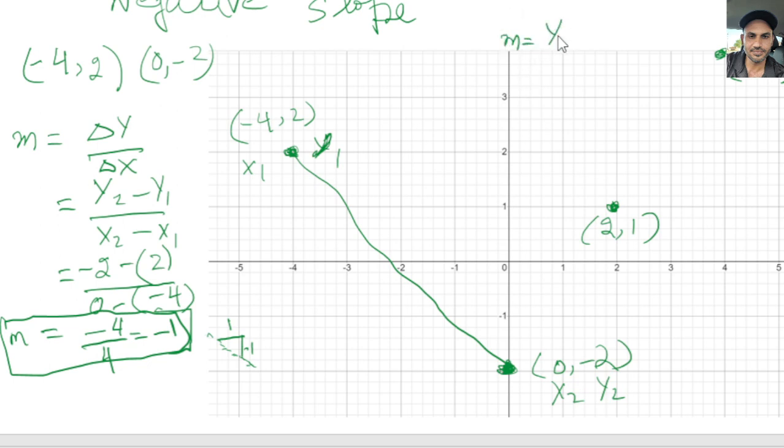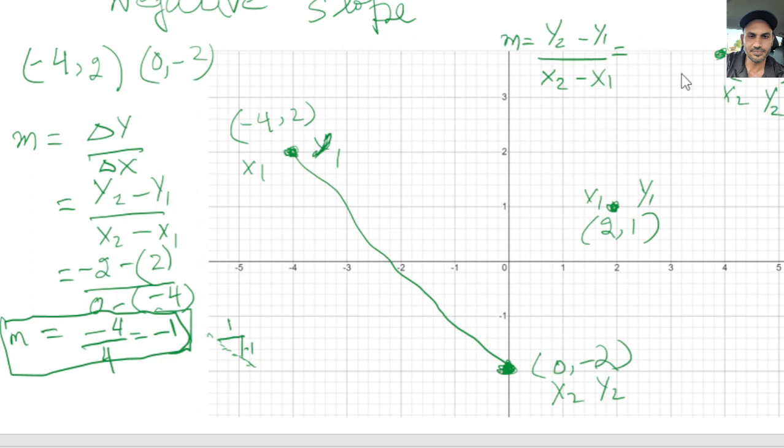y2 minus y1 over x2 minus x1. Now we just plug in the values. This is our x1, this is our y1, this is our x2, this is y2.